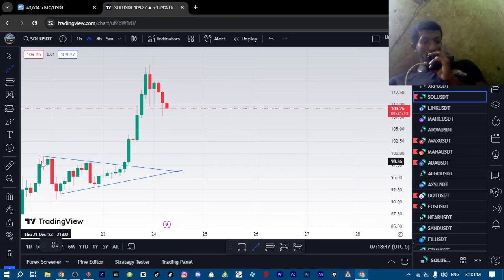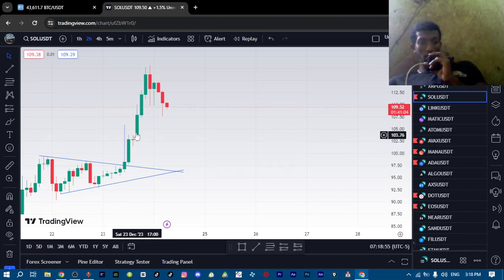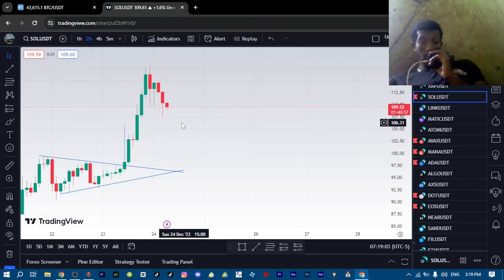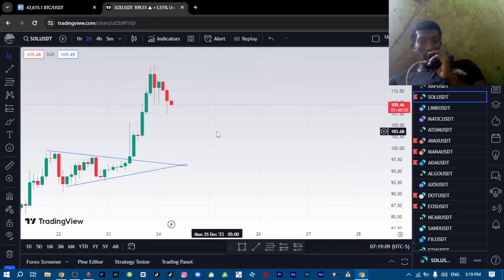Let us just measure the TP from up here to down here. That is a TP. The TP will be placed up there. So you would get out here normally. Normally you would be out of the trade right there. But if you had remembered that, you would take 70% of your trade out.